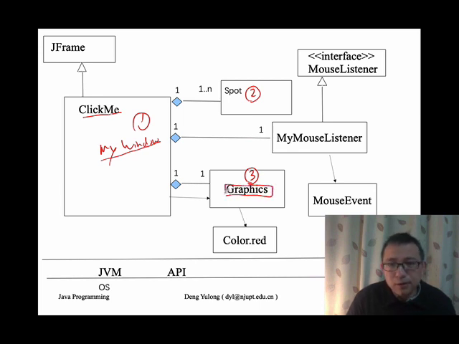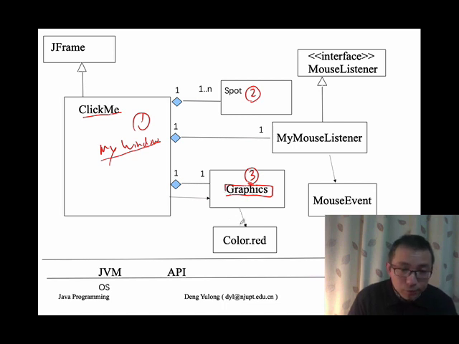Actually, it's not an object created by us. It's an object we use as an API because the Java platform gave us this object. We can use it directly. It can help us display stuff on the screen. And this graphics object, the third object, can help us display spots in red color.